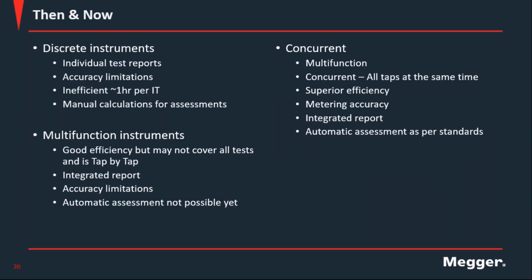So more details about the discrete, multifunction, and concurrent. Of course, I already mentioned for discrete instruments, you get individual test reports. Sometimes these instruments will not have the accuracy to be able to test a 0.15 accuracy class instrument transformer. So you need very accurate instruments if you're testing this type of metering CTs or VTs. And performing individual tests is inefficient.